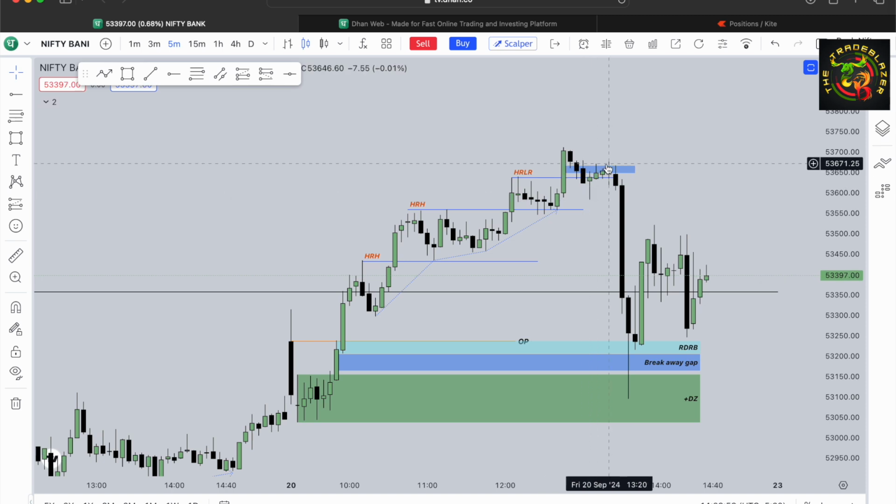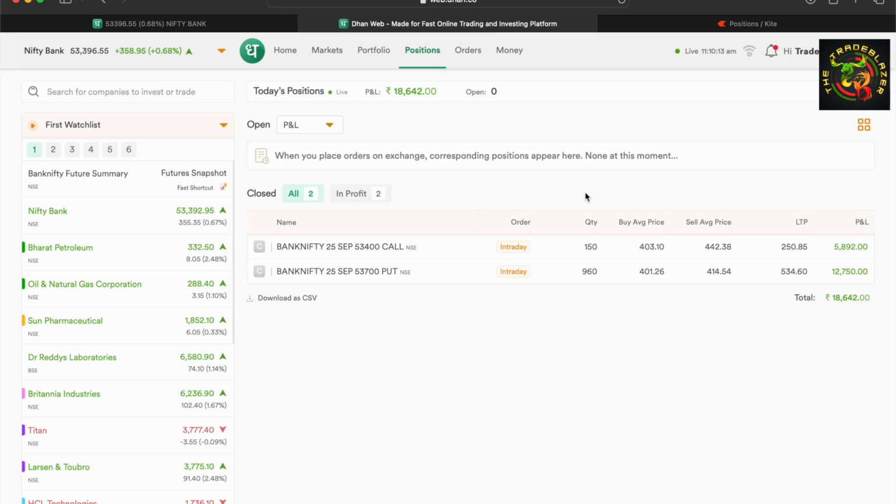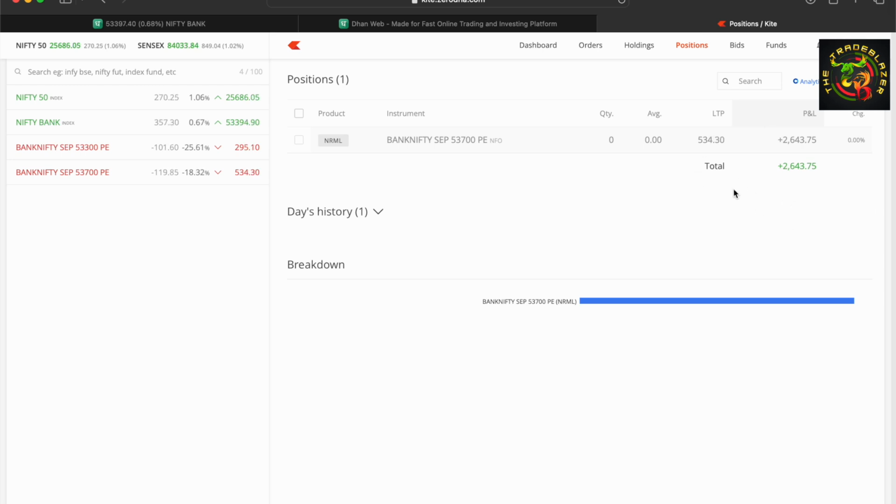But then after that, the actual move happened, right? By that time, since I was done with my target for today, I didn't participate in the trading after that. Okay, so with that, I made a profit of close to 19,000 in Dhan, and a small trade in Zerodha as well.